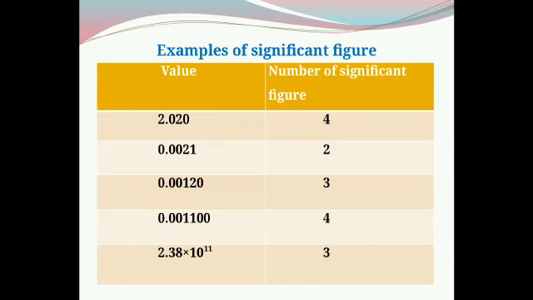These 3 digits are considered as significant figures. Fourth value is 0.001100. Again here, the first 3 zeros come before the non-zero digits, therefore they are not considered as significant figures.